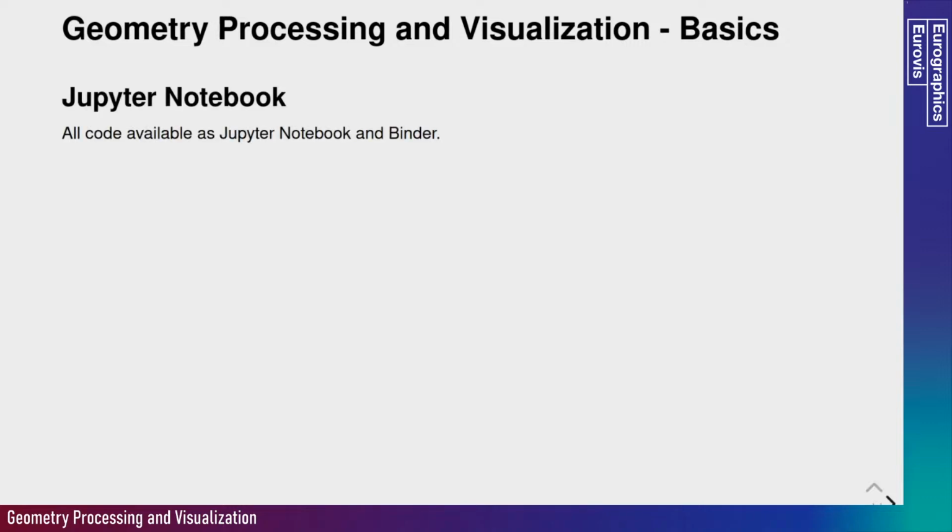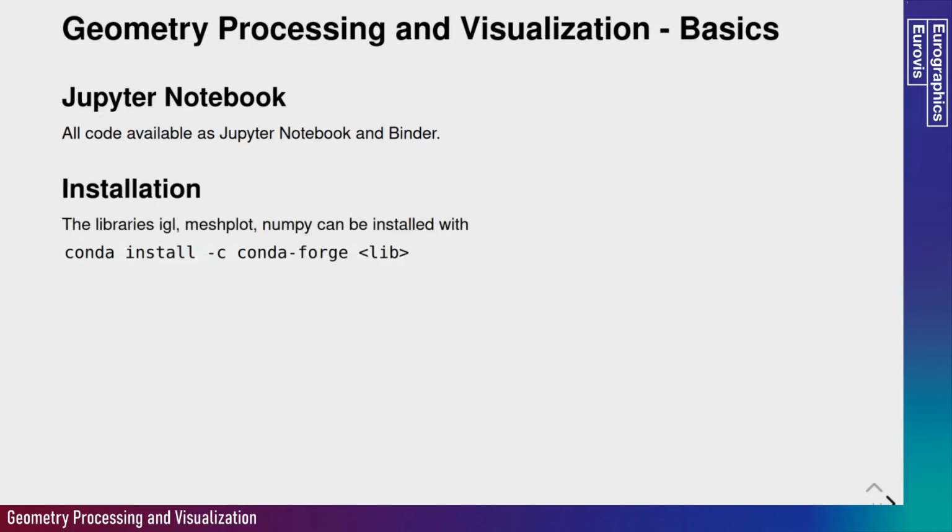So, welcome to this part of our workshop, which covers the basics of geometry processing and visualization. And as before, in the previous tutorials, we have Jupyter notebooks available on our website, as well as a binder, so you can directly follow all the tutorial code that I'm going to present in the following in the Jupyter notebooks.